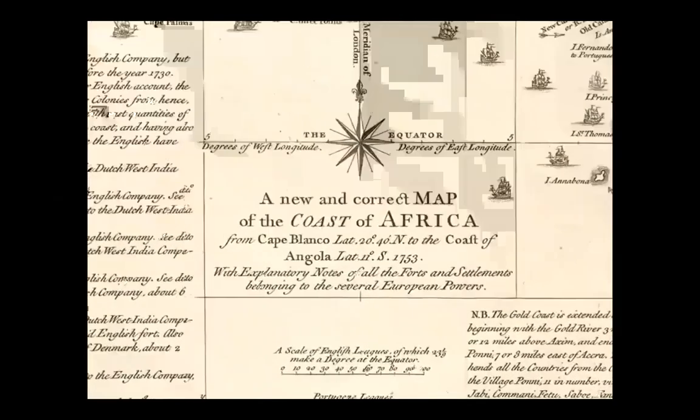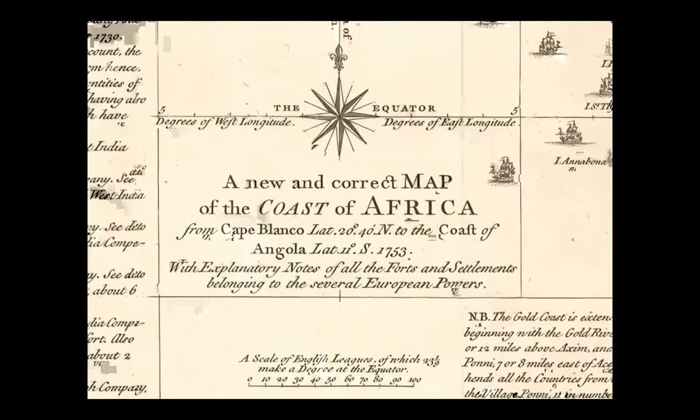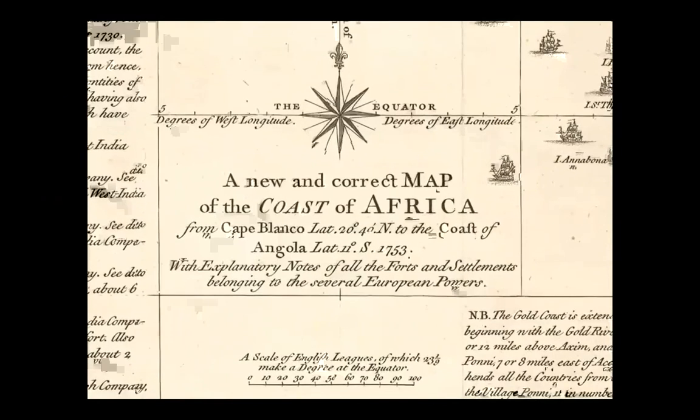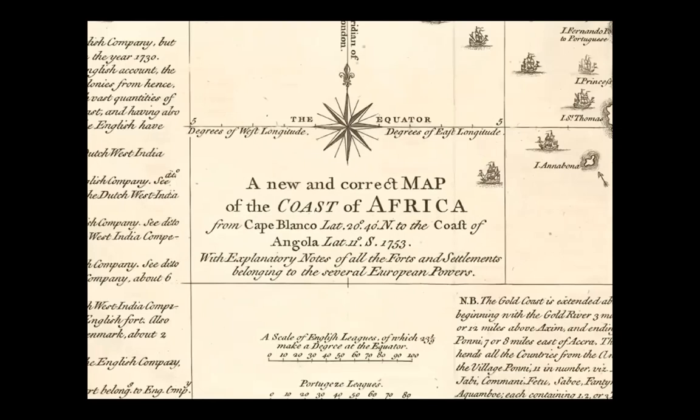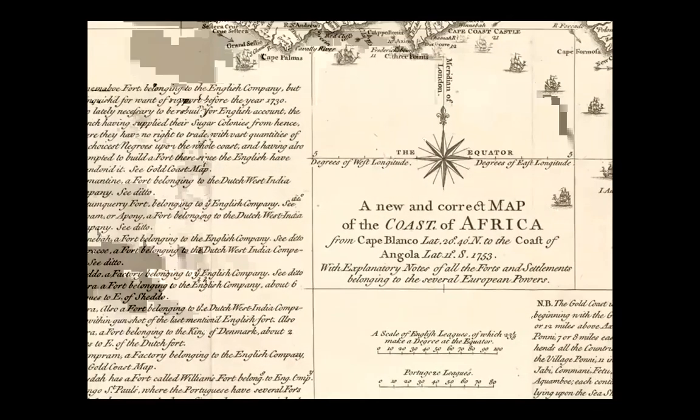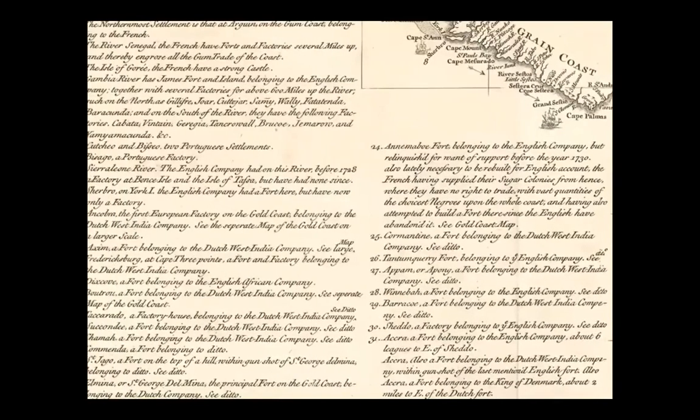This one was created in 1753 with explanatory notes of all the forts and settlements belonging to the several European powers, as you can see. The notes are quite detailed and they're numbered. It's worth looking through them in detail.